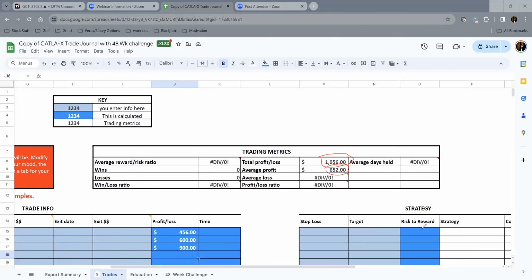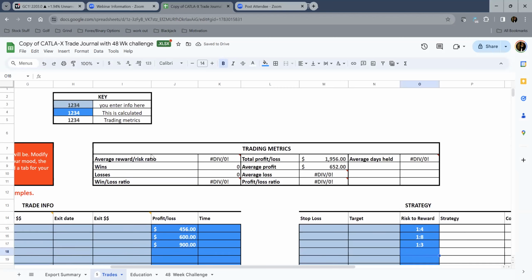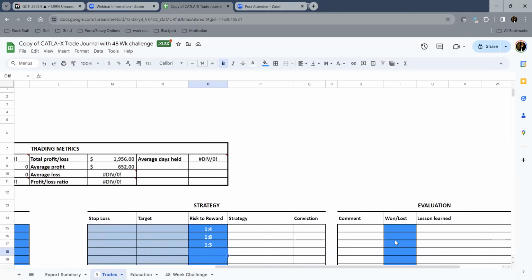In this area, you get an opportunity to put your risk to reward in here. Get to calculate your wins and losses.